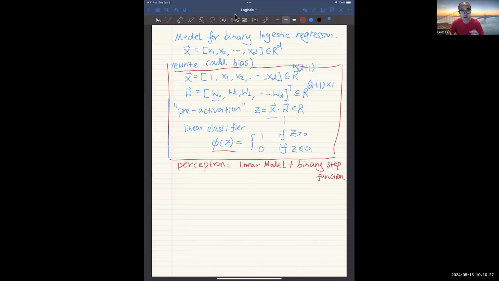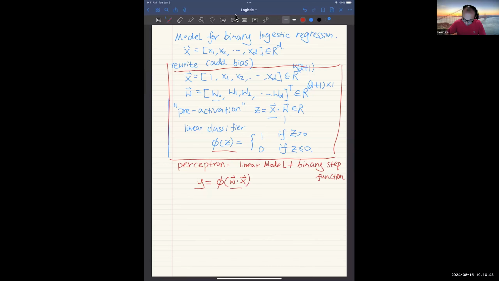So this is a composition of both of those. My y is actually just phi of W inner product with X.